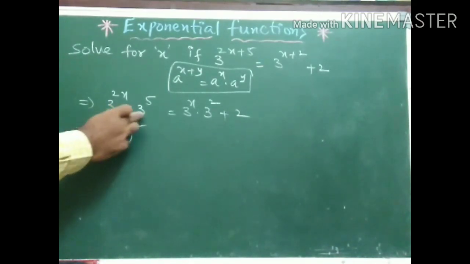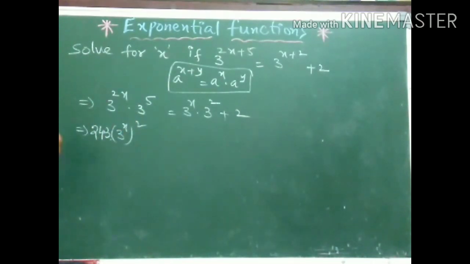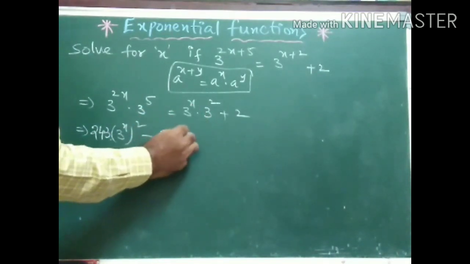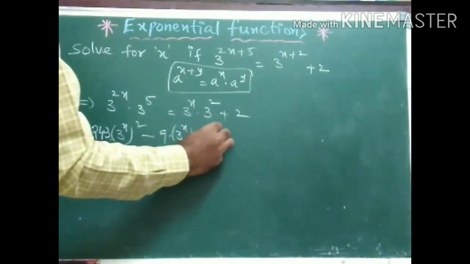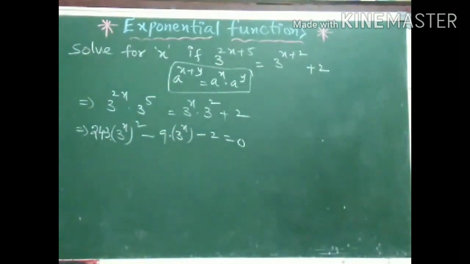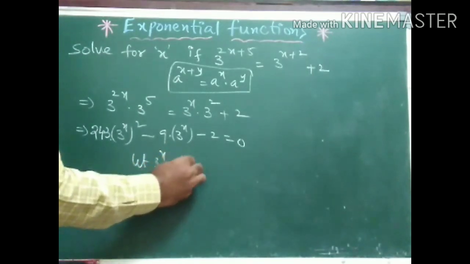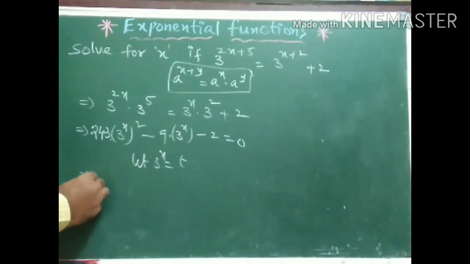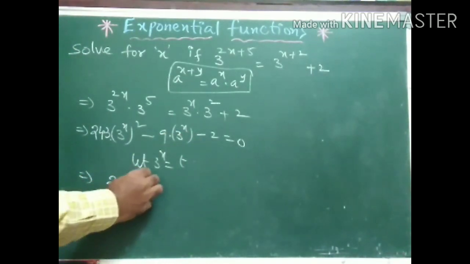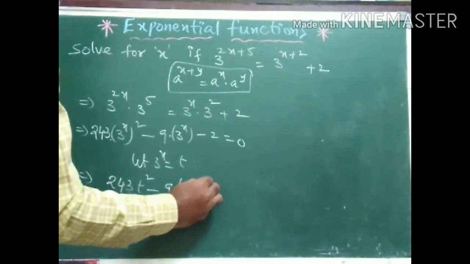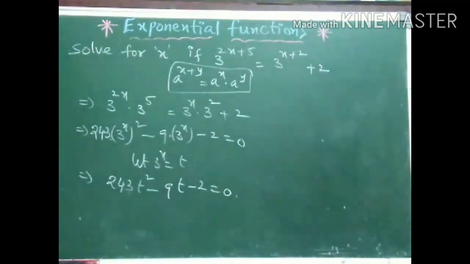So 243 into 3 to the power of x whole square, and this is 3 square, 9 into 3 power x, minus 2 is equal to 0. So let 3 power x be equal to, say, t. Hence this is 243 into t square minus 9t minus 2 is equal to 0.